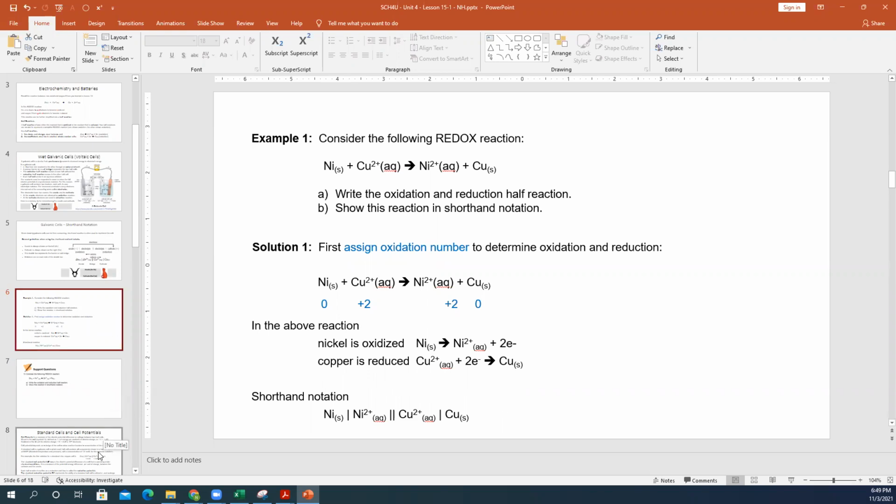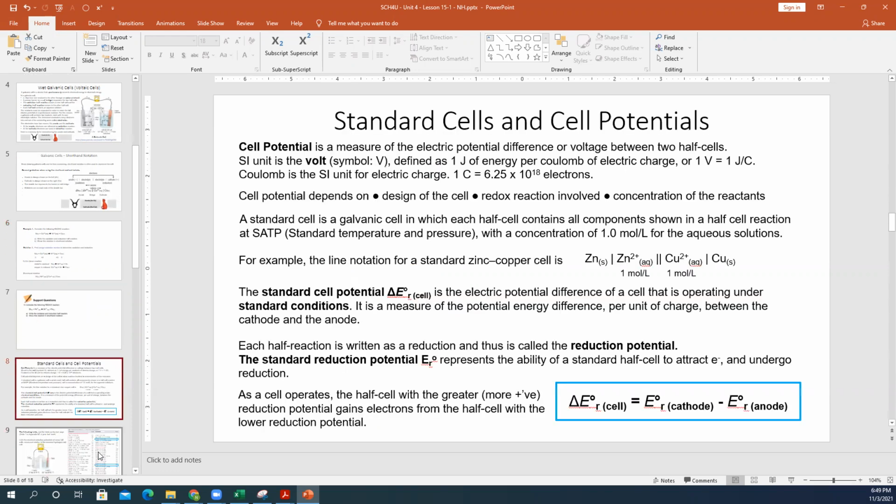Okay, so we're going to move on to standard cells and cell potential. Cell potential is the measure of the electric potential difference, or the voltage, between 2 half cells. The standard international unit, the SI unit, is the volt.